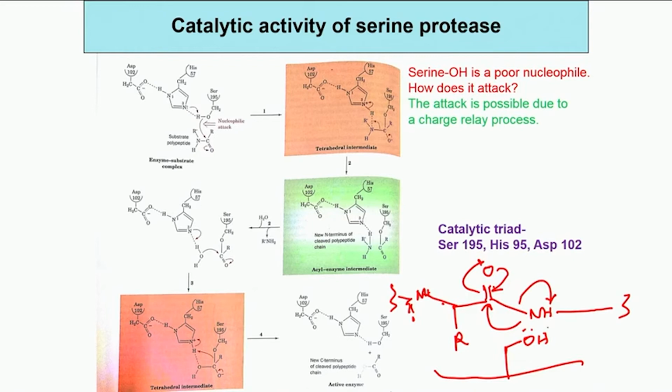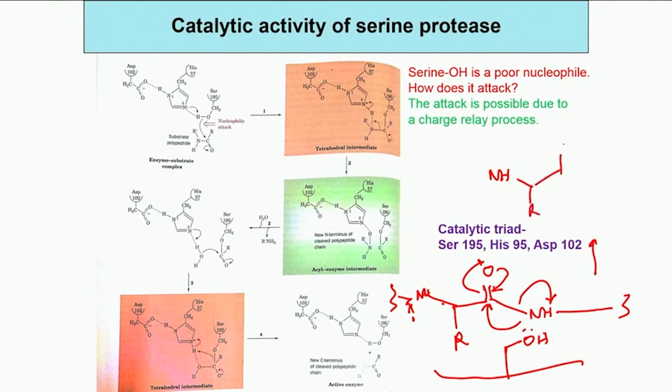What you have done is you have broken the carbonyl carbon-nitrogen bond, but one of the peptides that is going out from the right side, that means from the C terminal side, has got the NH2 free amine. The one which is attacking the carbonyl ends up as what is called an acyl enzyme complex.